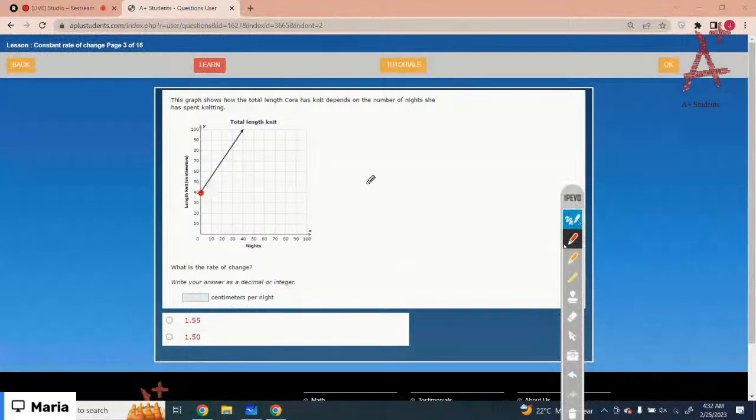Okay, this is the first point. Here x is 0 and y is 40, and this is the other point I'm going to use. On x it is 20 and on y it is 70.